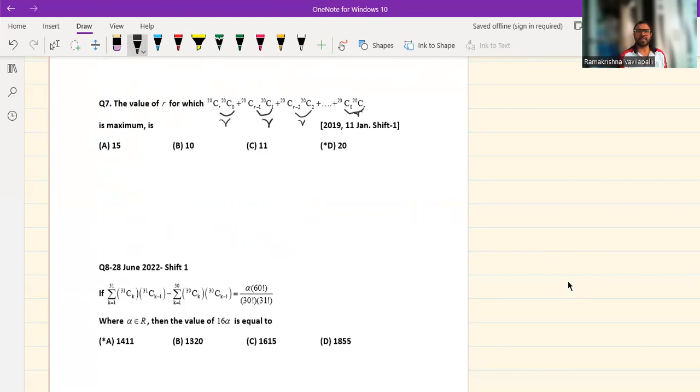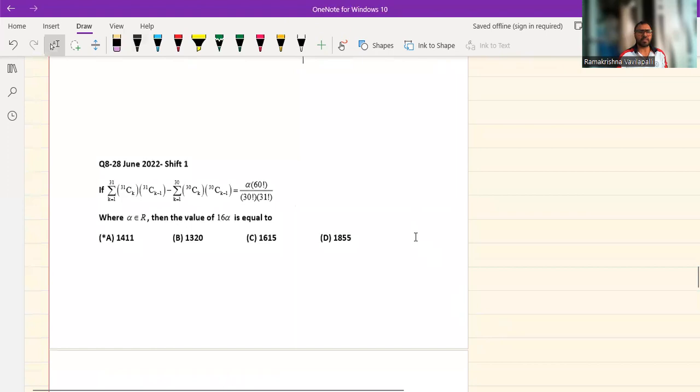So we can write directly this is equal to (20+20)Cr, which is 40Cr. Which is maximum? It is maximum when r equals 40 by 2, which is equal to 20. So a very simple question asked in 2019.